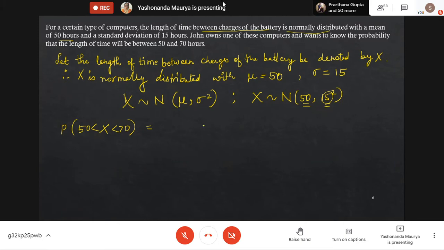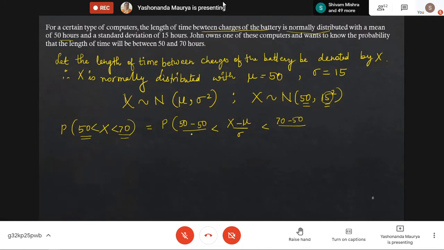P of, with x I have to subtract mu and divide by sigma. The same operation should be done to all the entries appearing here. It will be 50 minus mu, and I can write down the value because it is there, divided by sigma, and here it will be 70 minus 50 divided by sigma. I could have written the sigma value, so this will become 15. So let me do that.